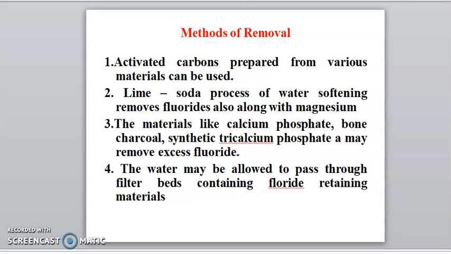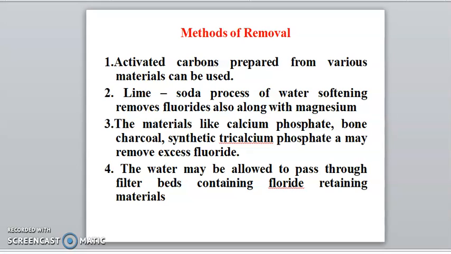Methods of removal: activated carbon prepared from various materials can be used. The lime soda process of water softening removes the fluoride along with the magnesium.